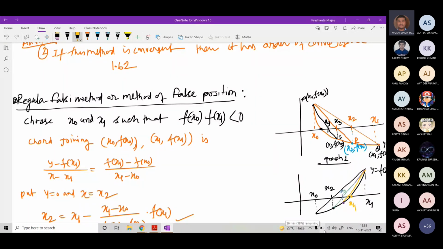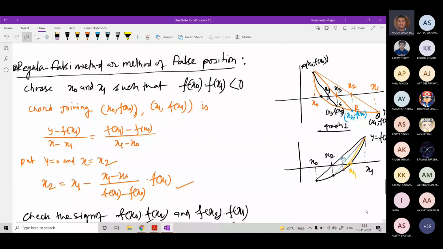So in this method, have you observed one thing, that one of the endpoints is always fixed? If you consider graph 1 or graph 2, you will notice that one of the points of the initial interval always remains fixed. In the top picture, which point was fixed? In every iteration x0 was fixed. Yes, sir.